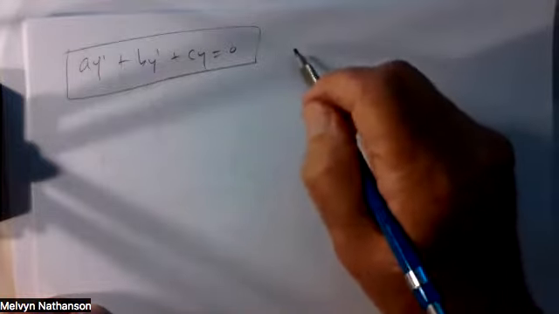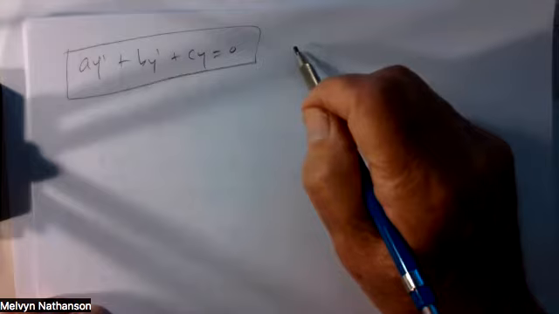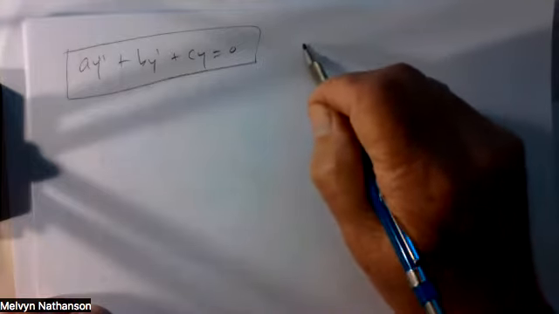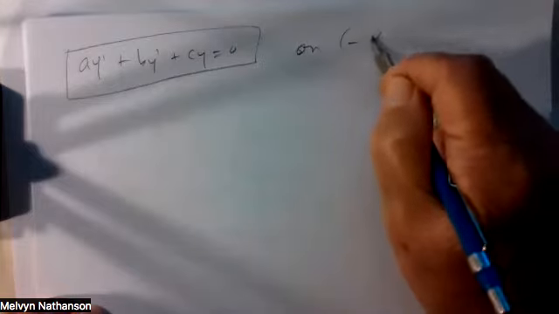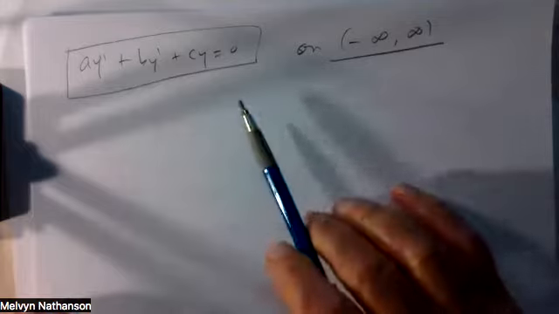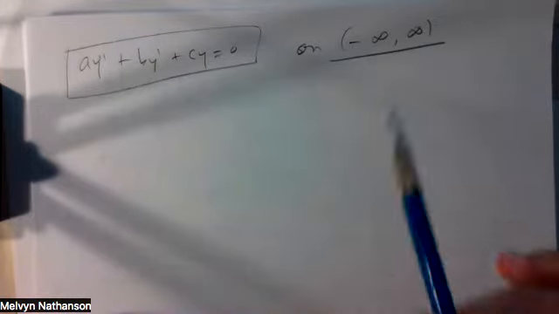In fact, a, b, and c are constants. So this will always have a unique solution on the whole interval from minus infinity to plus infinity. So you don't have to restrict yourself to some finite interval. The solutions will go from minus infinity to plus infinity.